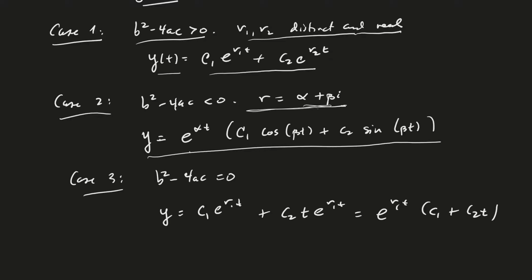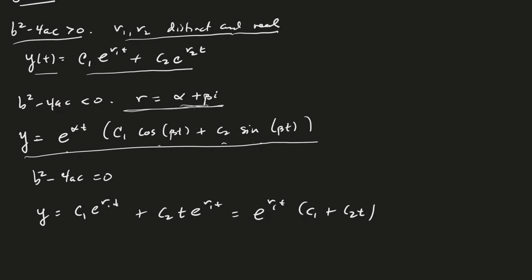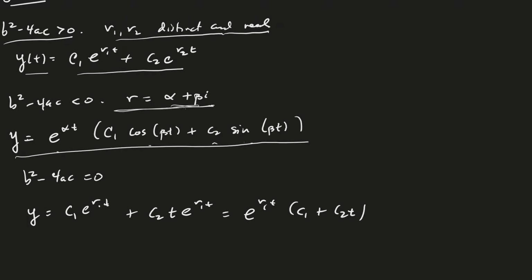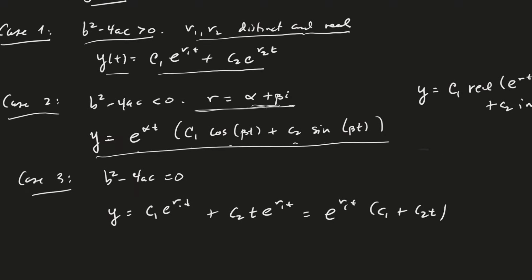You could factor out the e to the alpha t, and then we would have c1 cosine beta t plus c2 sine beta t. Now you might remember that what we're really saying here is that y is equal to c1 times the real part of e to the rt plus c2 times the imaginary part of e to the rt. Okay, so that's another way to remember it.